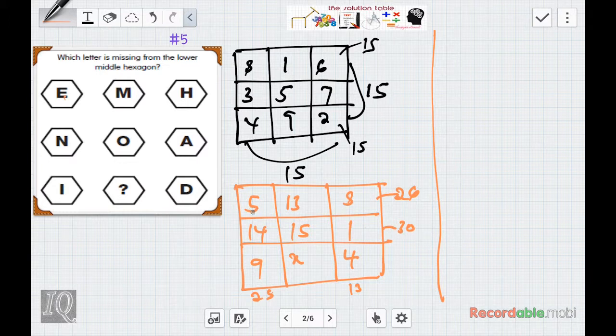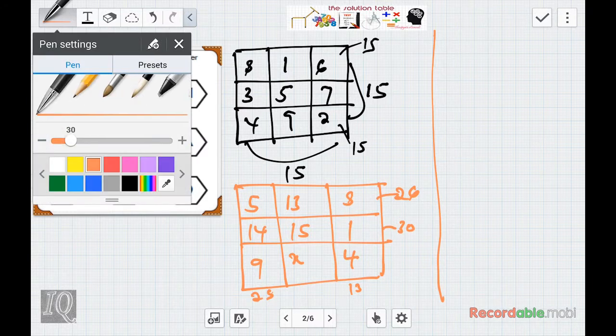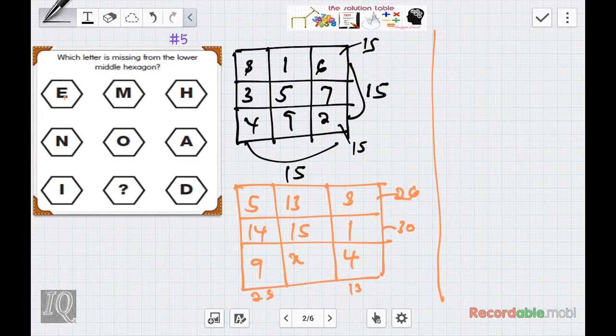That is, when we look at the connection between 5, 13 and 8, we realize that when you take 5 from 13, the total will give us an 8. So 13 minus 5 is giving us 8, which is the same number over here.